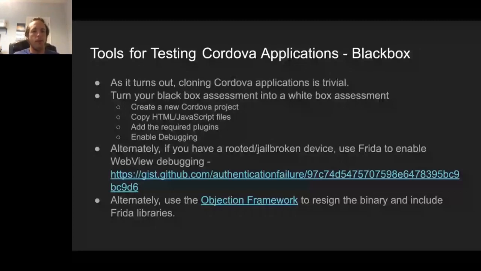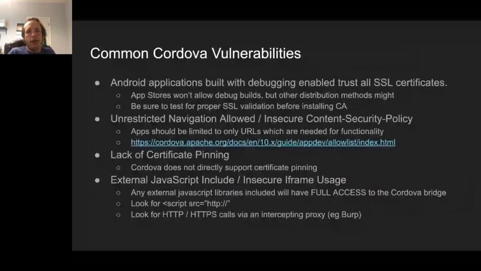So the next thing I want to talk about is a few vulnerabilities that I've seen throughout Cordova applications. The first one, like I said earlier, is if debugging is enabled, then by default, SSL validation is completely bypassed. This is a really big problem, and I'm really surprised that it builds this way.